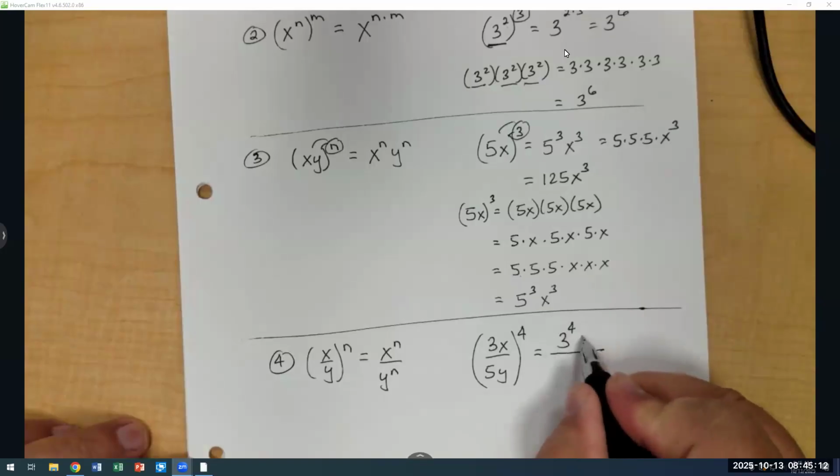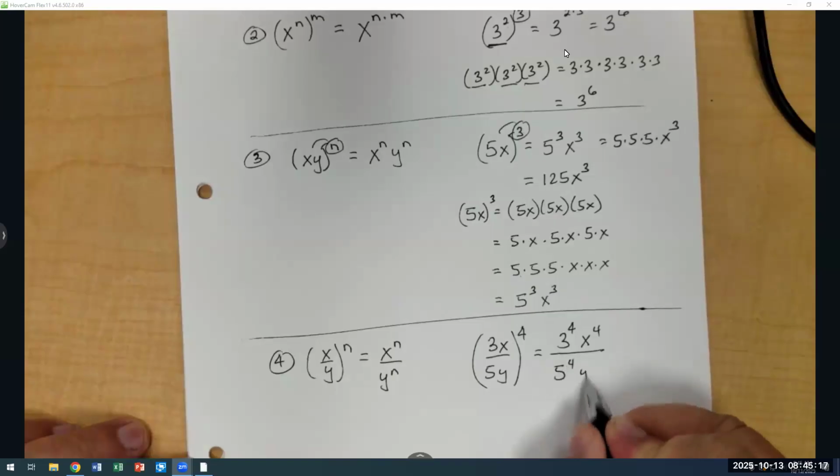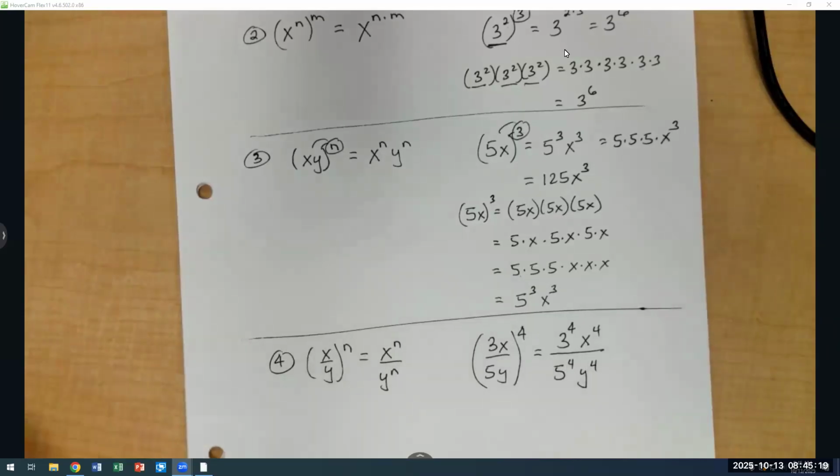Three to the fourth, x to the fourth, 5 to the fourth. Everything inside there gets the exponent. It's distributed.